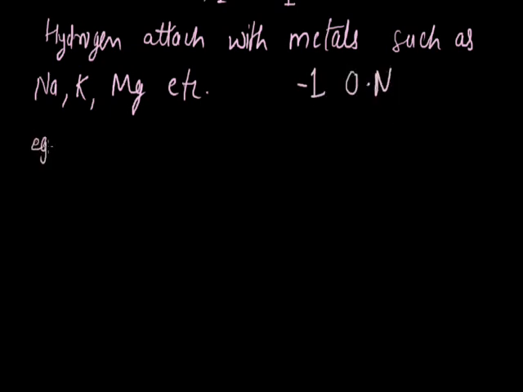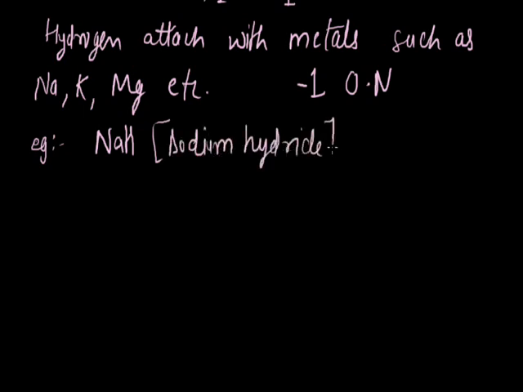For example, in case of sodium hydride, NaH. In this case, sodium has plus 1 OS and hydrogen has minus 1 OS, because in sodium and hydrogen, sodium is the more electropositive atom than hydrogen.